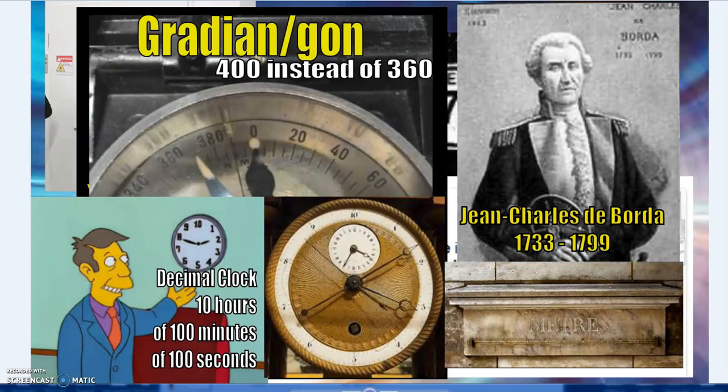And he tried to introduce, and thankfully it never took off, a decimal clock, where it was 10 hours of 100 minutes of 100 seconds. Thankfully it never took off, because the second is almost a natural unit of time. It's almost like the time to process a thought; 1 second is a good definition of it. These shorter seconds would have been excellent for doing really complex tiny measurements, but in terms of the human scale, it doesn't calibrate.